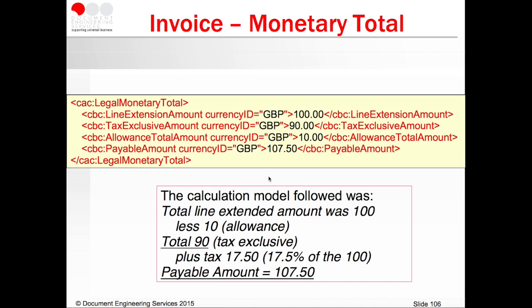And you'll see from these pieces of information, there is what's called the calculation model that goes into how do we interpret these elements in a way that we can understand how we derived the payable amount. And the calculation model here is explained as 100 less 10 is 90 plus 17.5% tax on the 100 gives you 107.50.